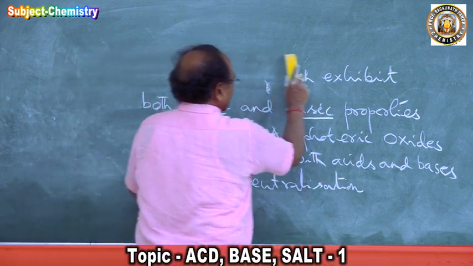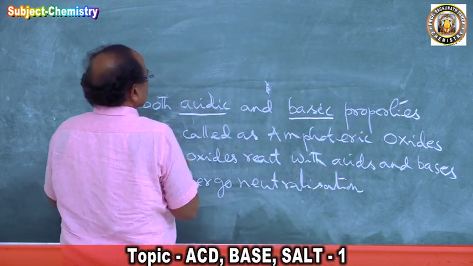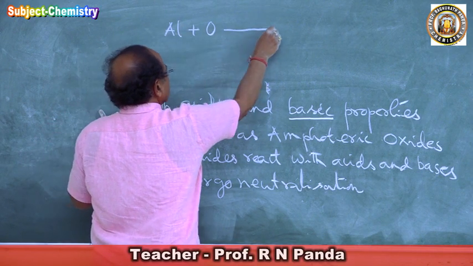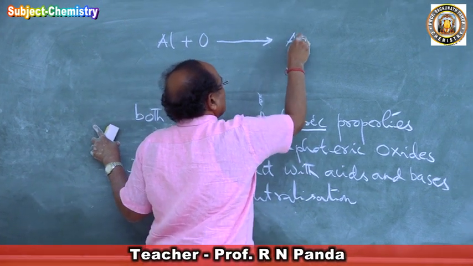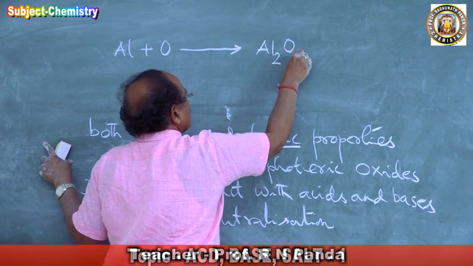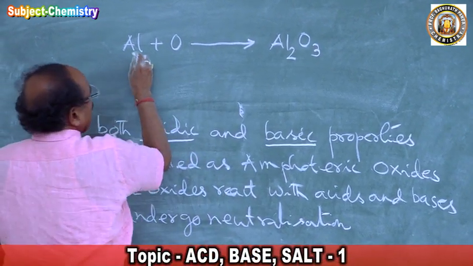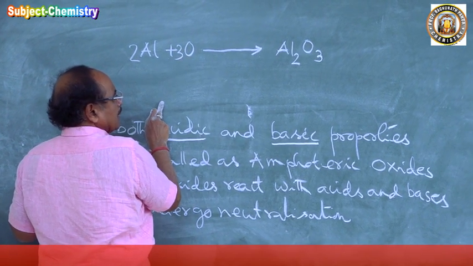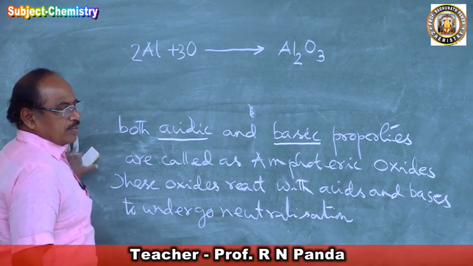One such example I am taking is aluminium oxide. Aluminium reacts with oxygen to form Al2O3, aluminium oxide. So you have 2Al and 3O forming Al2O3. This is the equation you are writing.